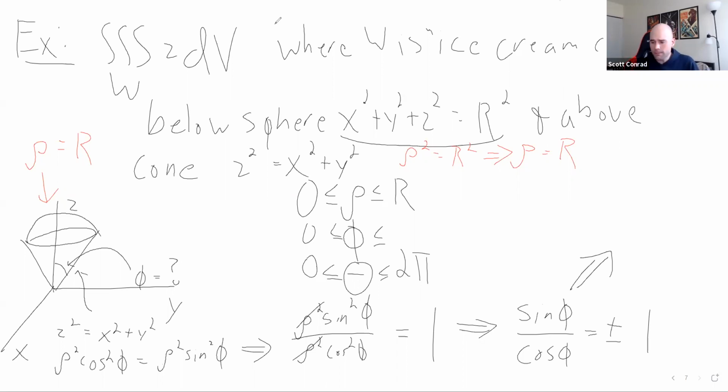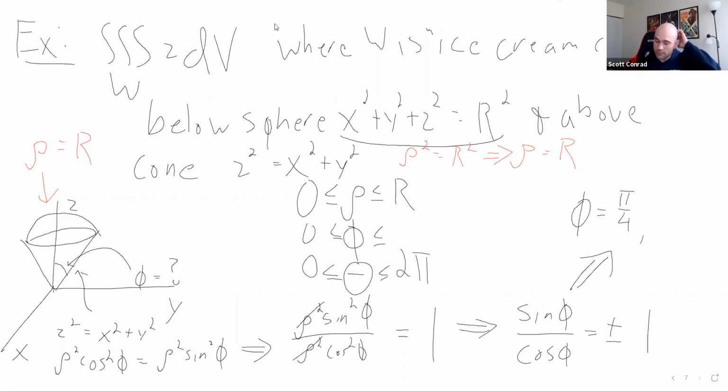So for what values of phi is sine phi over cos phi positive 1? Remember, phi has to lie between 0 and pi. So for what angle phi are sine phi and cos phi the same? Pi over 2. Not quite. It's pi over 4. At pi over 4, they're both 1 over root 2, or root 2 over 2.